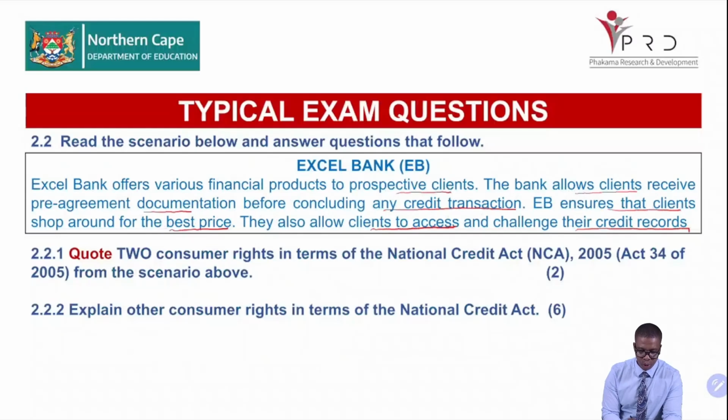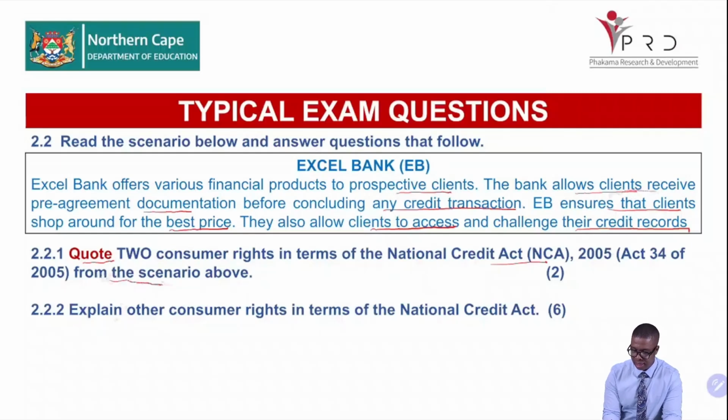Then 2.2.1. By now you should know where the distractor is and what the correct answer is. Where do you quote? Quote two consumer rights in terms of the National Credit Act, which is Act 34 of 2005, from the scenario above for 2 marks.